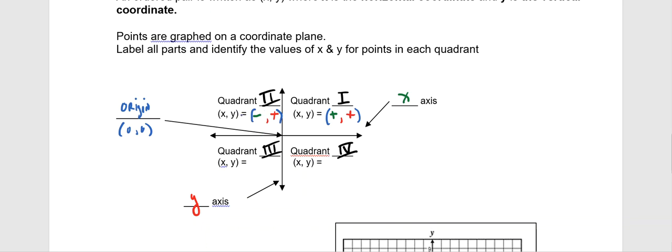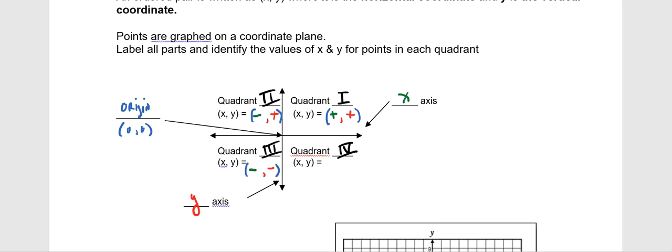Those would be the types of ordered pairs I would be bound to have for a quadrant 2 from my coordinates. If you continue around, then you can see that for quadrant 3, we're still moving in the left direction for x, but now we're moving down for y. So if moving up was positive, then moving down must be negative.